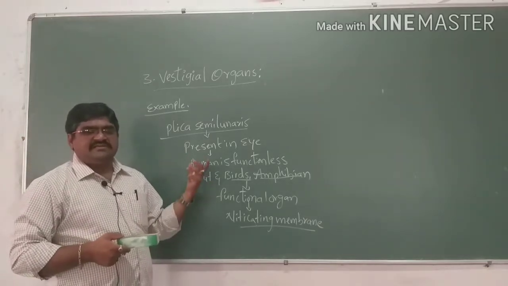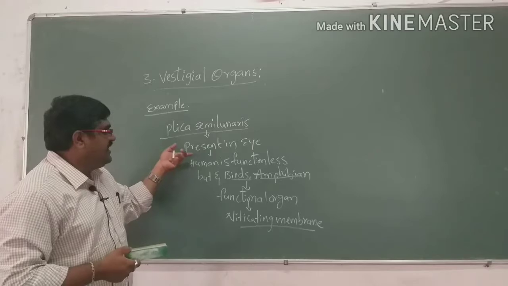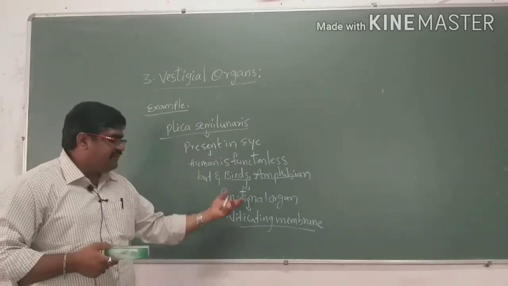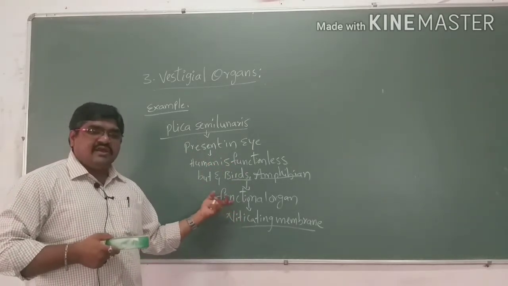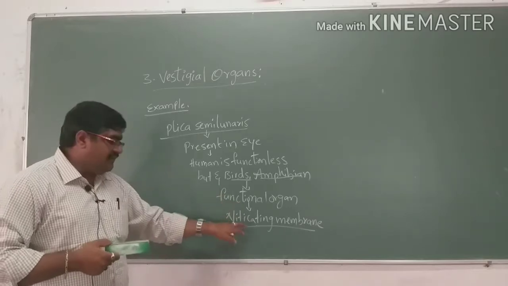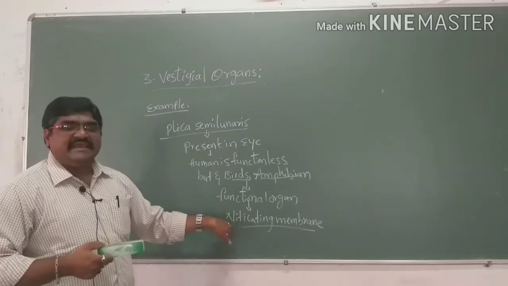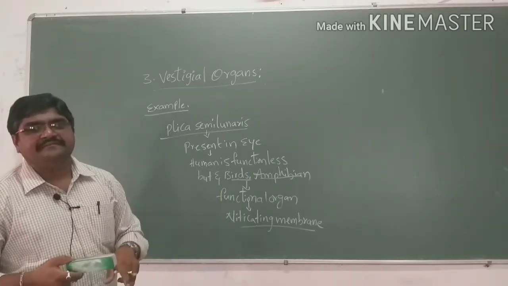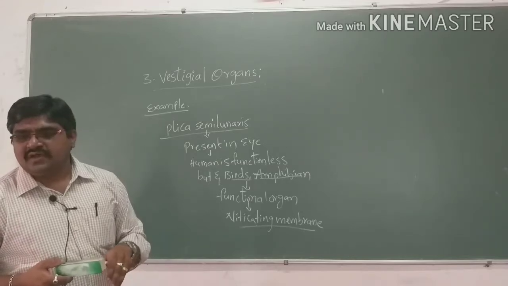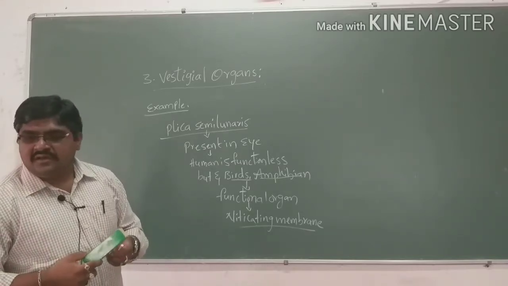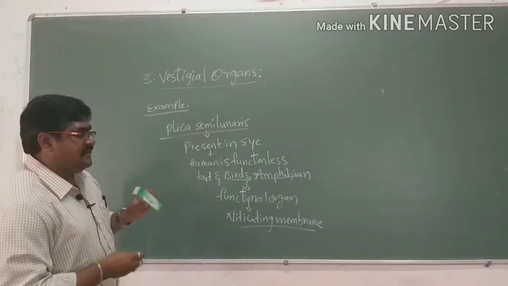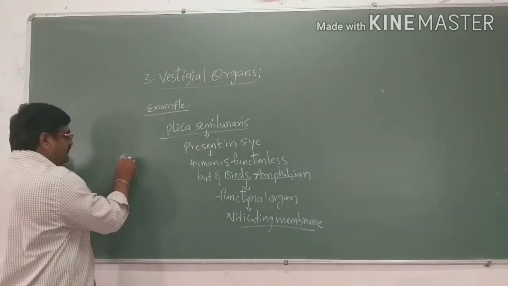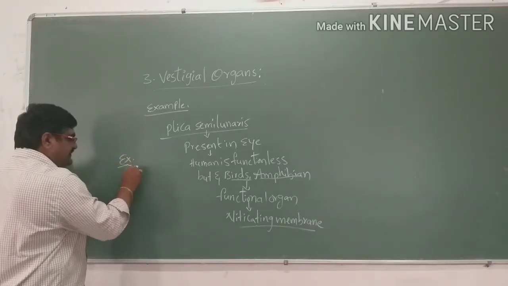So it is functionless in humans, but in birds and amphibians it is a functional organ in the form of a nictitating membrane. And also we have studied ear muscles, and another example is ear muscles.